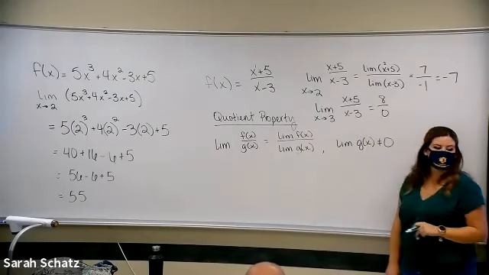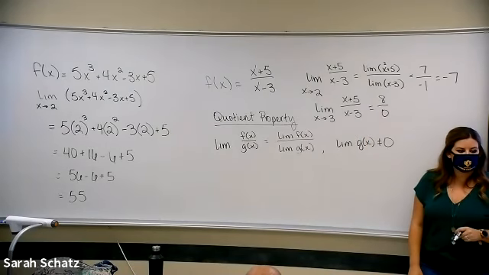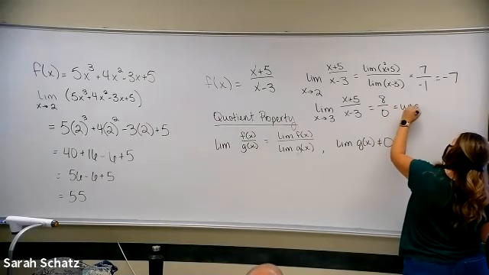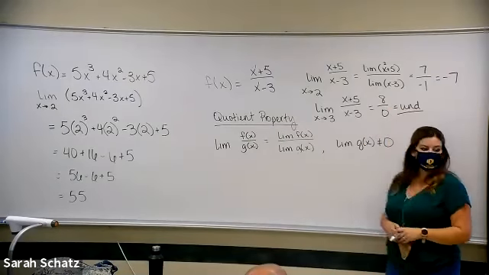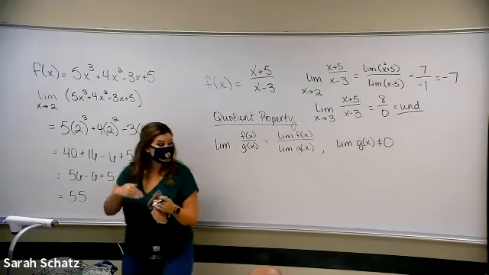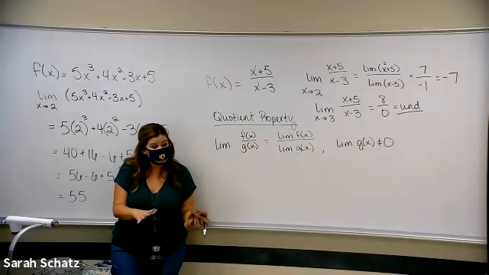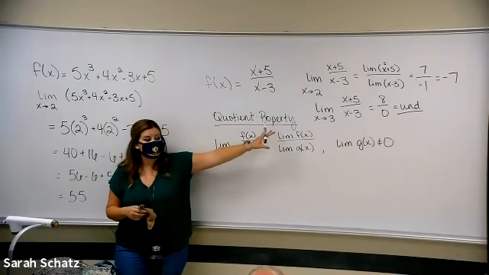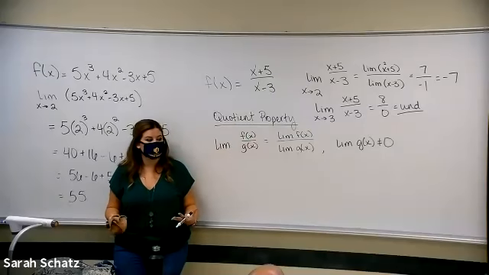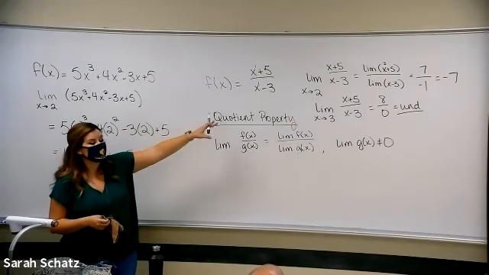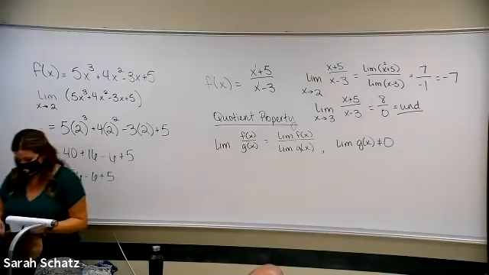This is just a bad case. This is going to be undefined. There might be values on that graph that it's approaching, and if we could see the graph, maybe it would be better. But algebraically, if I want to approach 3, I have to say the limit doesn't exist or it's undefined. But if I was approaching anything else, I could use the quotient property.